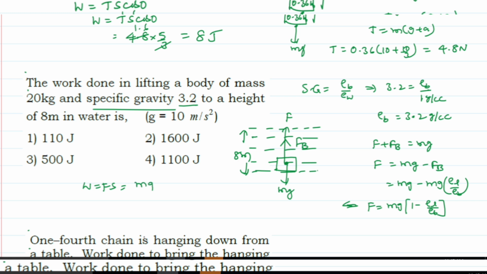So you can write mg into 1 minus the density of the liquid by the density of the body, into displacement, which is the height. Now the mass is 20 into 10 into 1 minus the density of the liquid, 1 gram per cc, by the density of the body, 3.2, into h, which is up to 8 meters. When you simplify this, you get 1100 joules. This will be the correct answer.